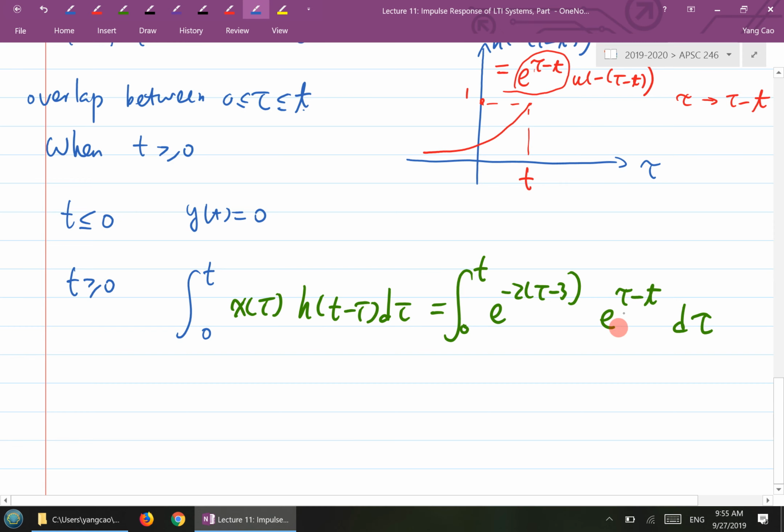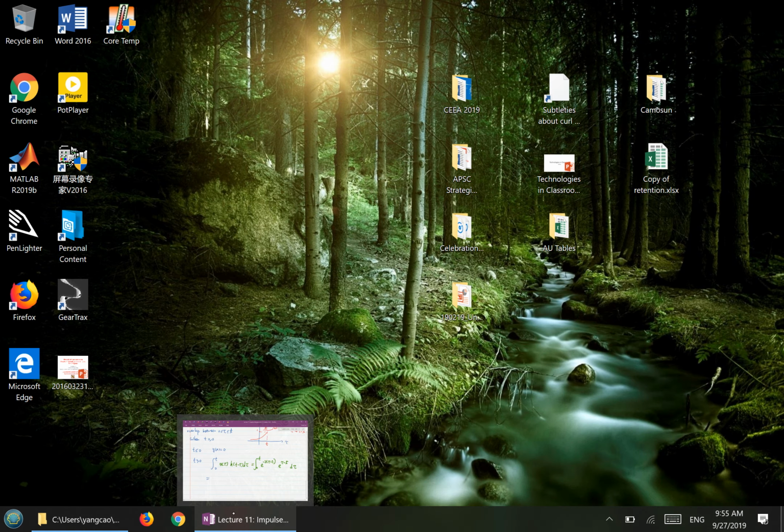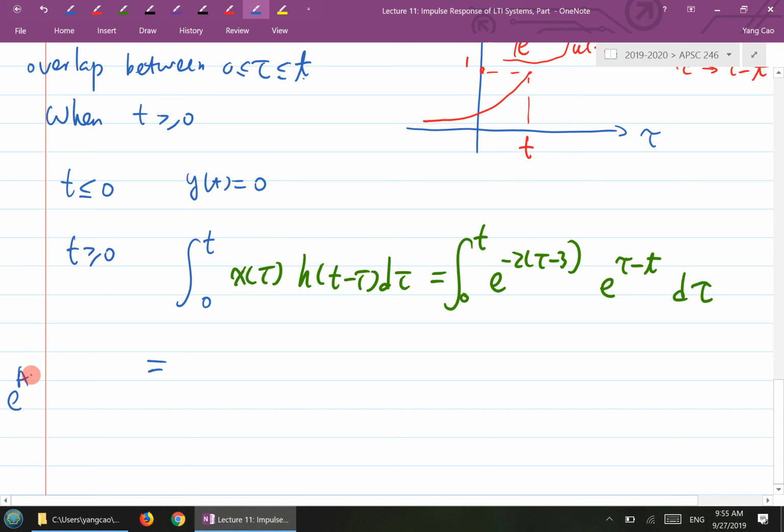So we need to do this integral involving the exponential function. Often what you could do is use this property: e to the power of a plus b equals e to the a times e to the b. Separating the constant term and variable term. Yeah, so here's what we're going to do.